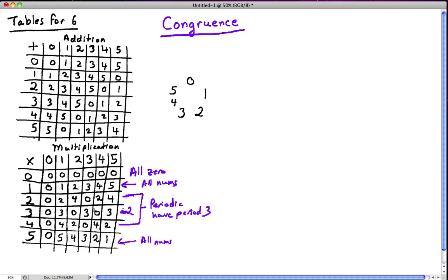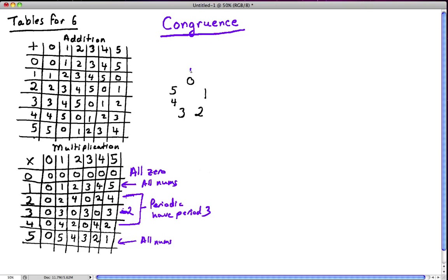We should try to understand why. But before we do that, I want to define the idea of congruence, which comes from another way of interpreting what we've been doing so far with the numbers in a circle. We started here at 0, went 1, 2, 3, 4, 5, and then 6 is the same as 0.